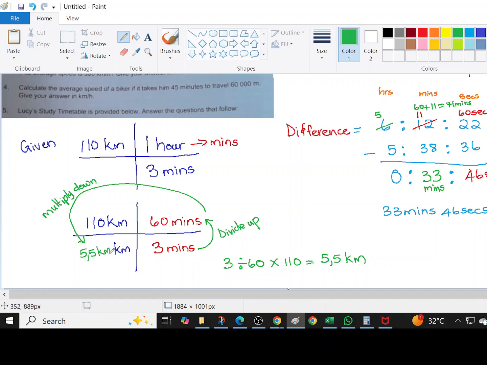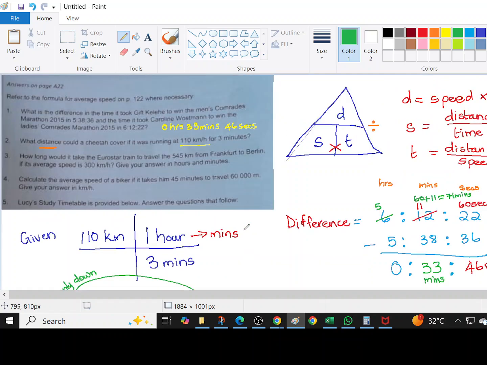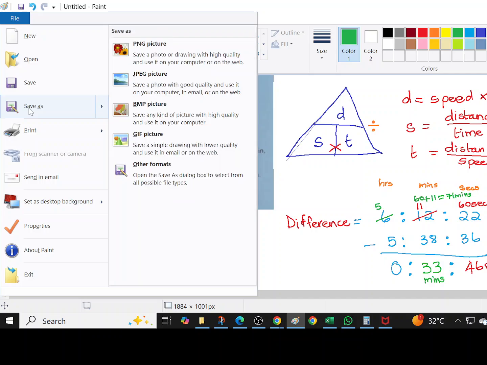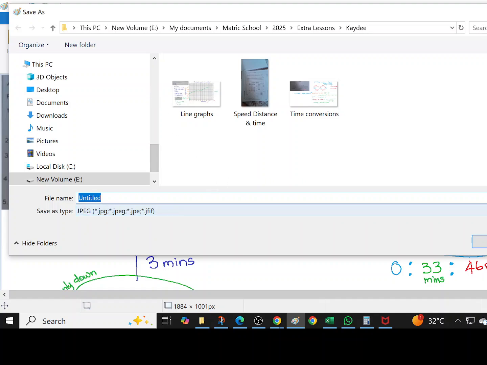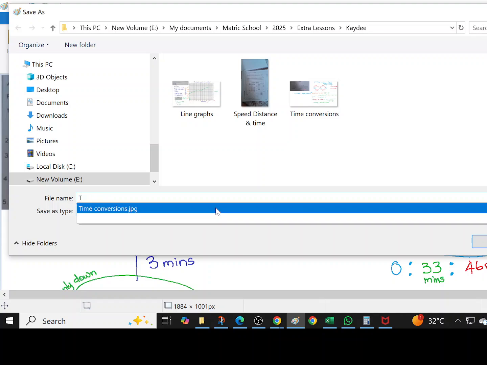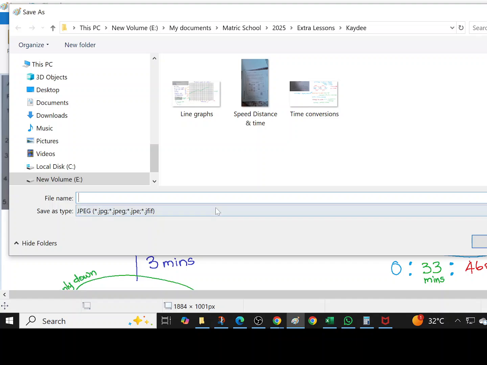Right, do you understand? Yes, miss. And if you don't understand, what don't you understand? I do understand. Fantastic. Okay, I'm going to save this and then I'm going to do it again because I want to start a clean one, okay? So file, save as JPEG. This is time conversions, weighted speed.